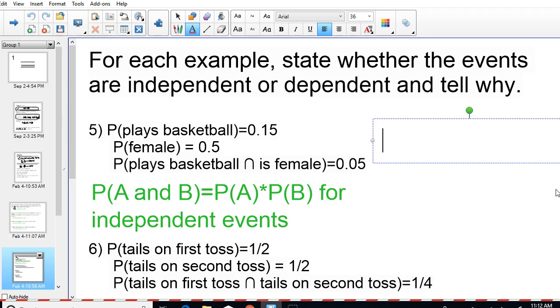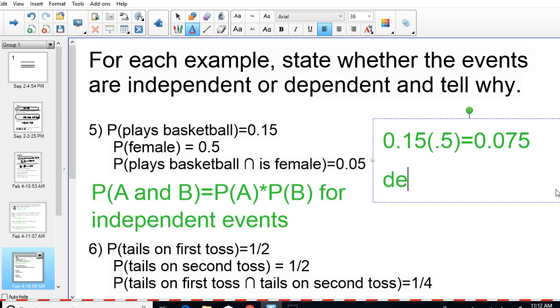So for this one, you would test 0.15 times 0.5, and 0.15 times 0.5 is going to give you 0.075. So does that equal the probability for both? It does not. So that tells us that these are dependent events.